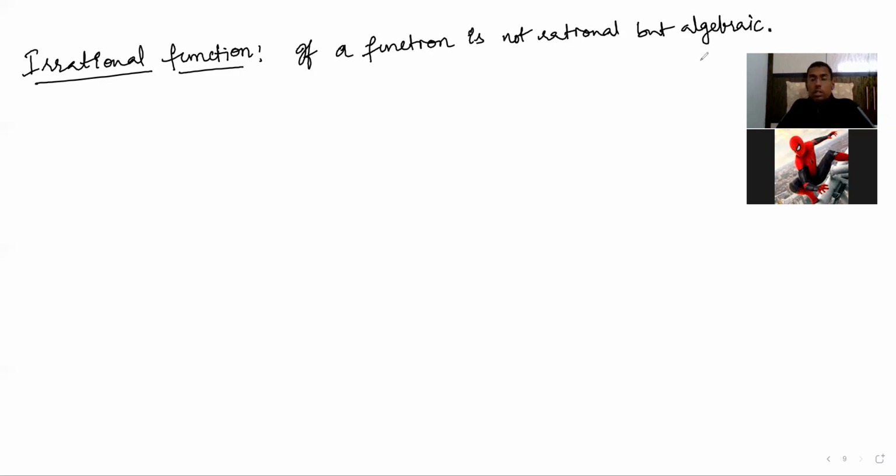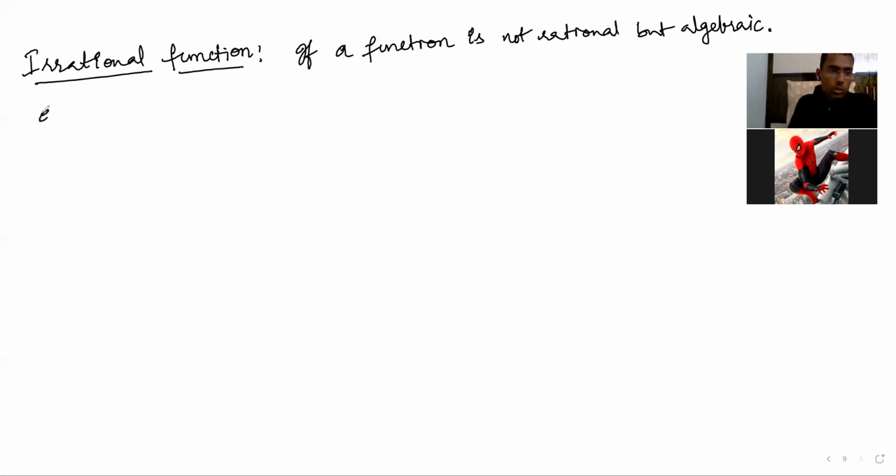Algebraic means it is in terms of x. Any function in terms of only x is an algebraic function. Trigonometric ratios, logarithms, trigonometric functions and exponential functions are not included in this.